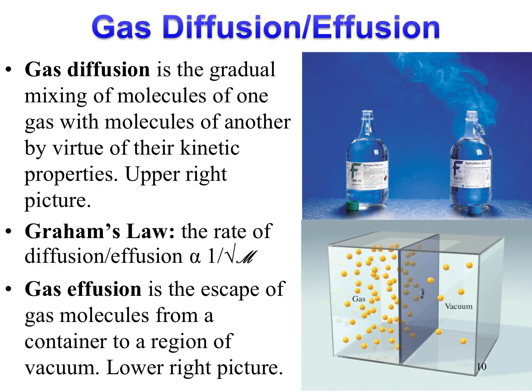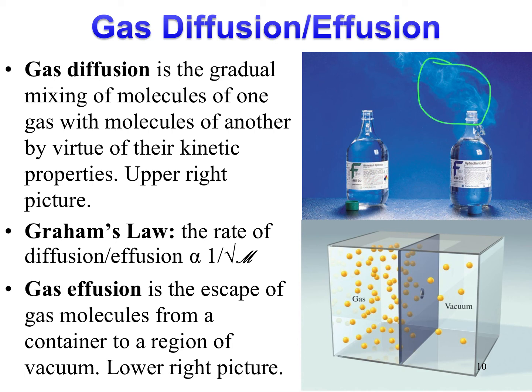Gas diffusion and effusion. Gas diffusion is the gradual mixing of molecules of one gas with the molecules of another gas by virtue of their kinetic properties. The upper right picture shows the reaction of ammonia gas and hydrogen chloride gas to make ammonium chloride, which is the cloudy appearance over the bottle of hydrochloric acid.